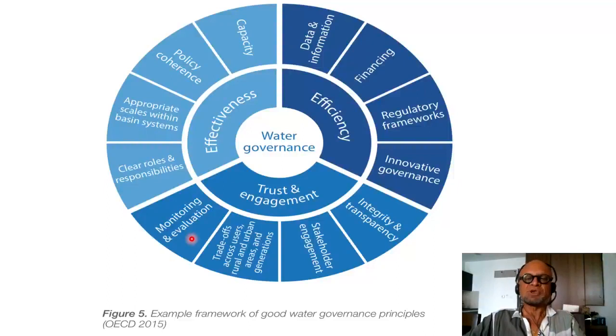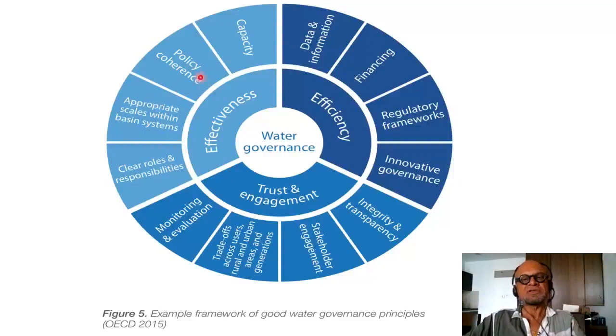Monitoring and evaluation is very important to make sure that the resource is being managed as it's supposed to be. And under effectiveness, you want clearly defined roles and responsibilities for the governance structure, and appropriate scales within the basin systems where the monitoring, evaluation, roles and responsibilities, and effectiveness of management and governance happen.